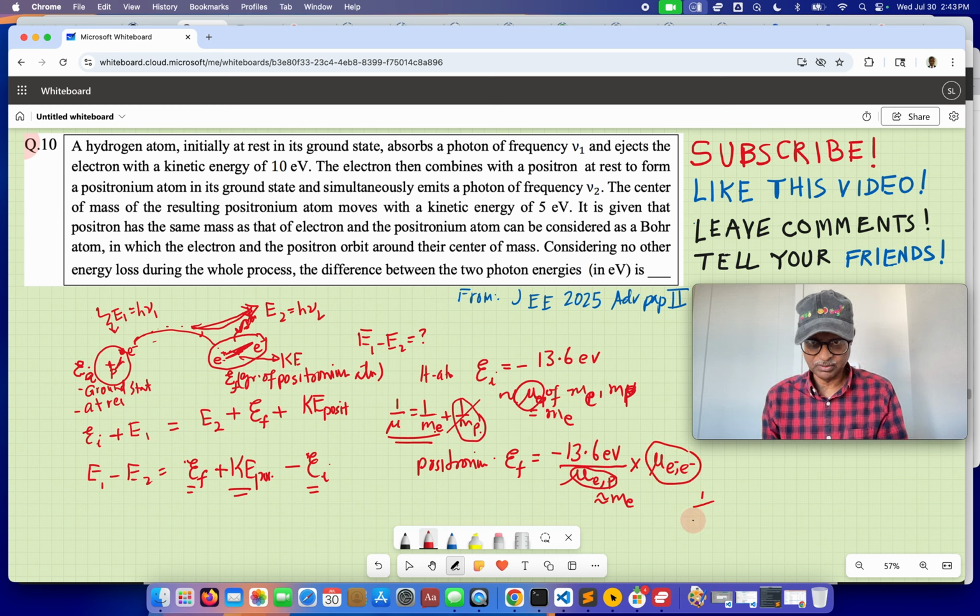So 1 over mu for electron-positron is equal to 1 over mass of electron plus another 1 over mass of electron. Those two are the same mass, so 2 over mass of electron. So mu equals mass of electron over 2.